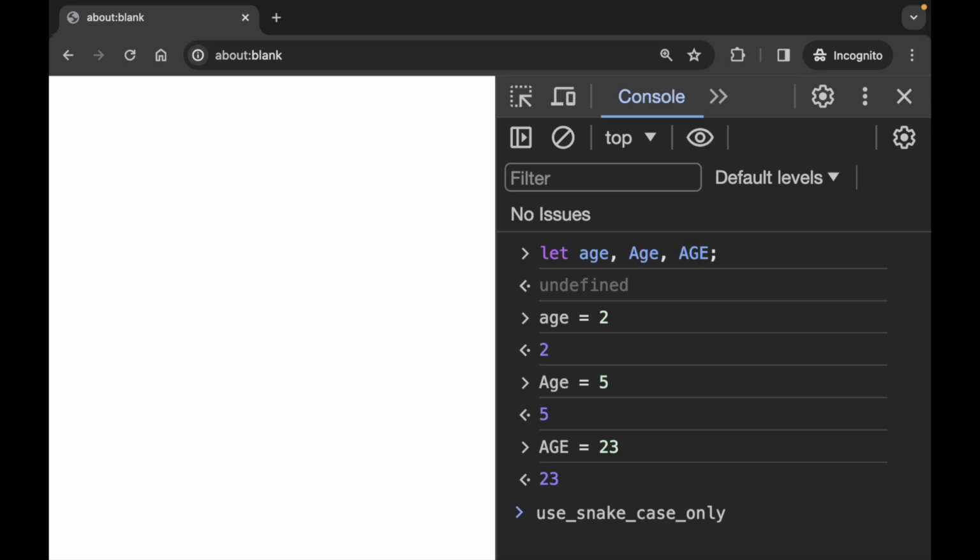One of the reasons people don't like to use snake case is that it can be a little time consuming to type those out, but it is extremely clear. Using camel case is significantly faster because you don't have to constantly put in the underscores. But again, that is up to your preference.